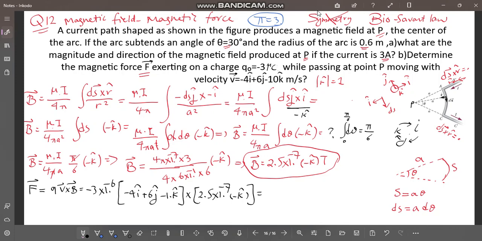How many terms do we have? Because k hat cross k hat is 0, we just have two terms.